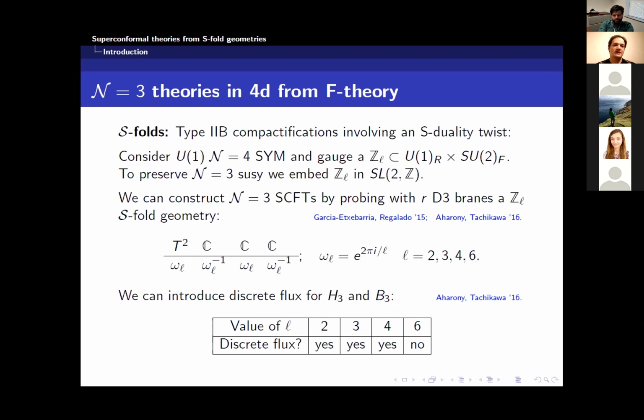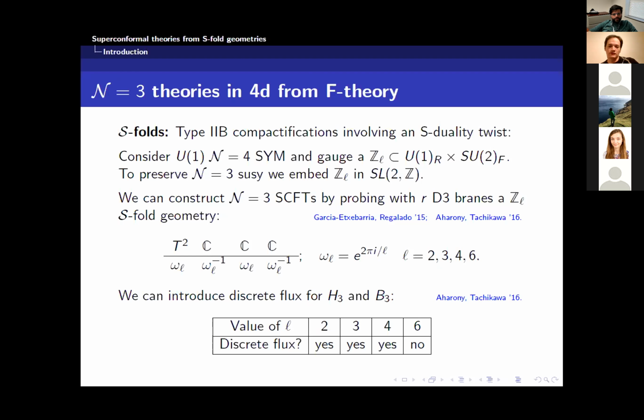The inequivalent theories we get are two: one without the discrete flux and one with the discrete flux. This aspect generalizes to other S-folds, in particular L equal 3 and 4, as shown by Aharony and Tachikawa. For L equal 6, instead, I cannot turn on any flux, so I have only one option.